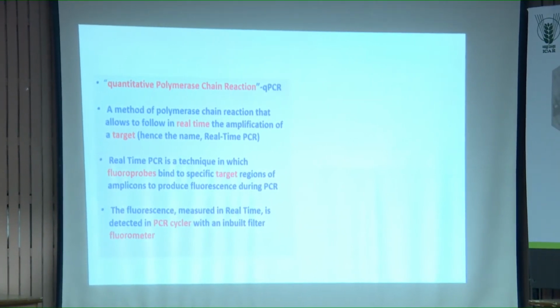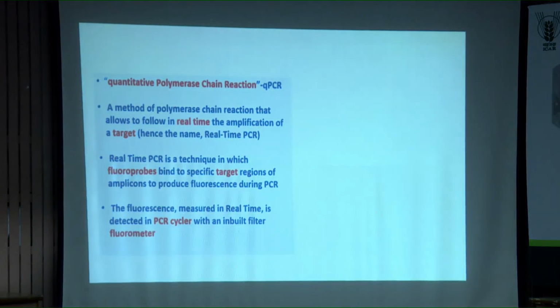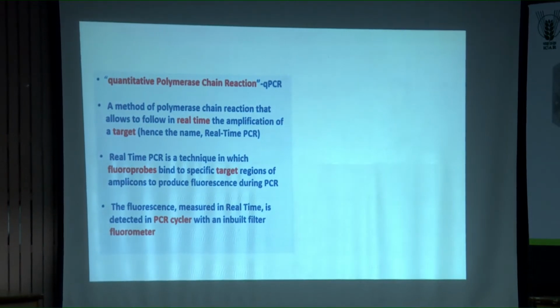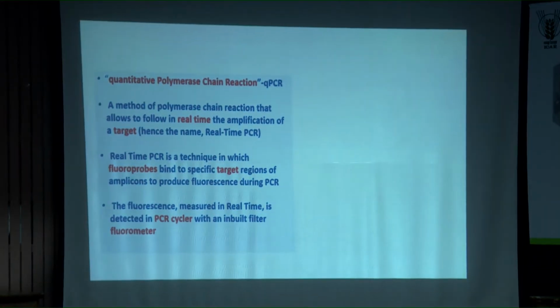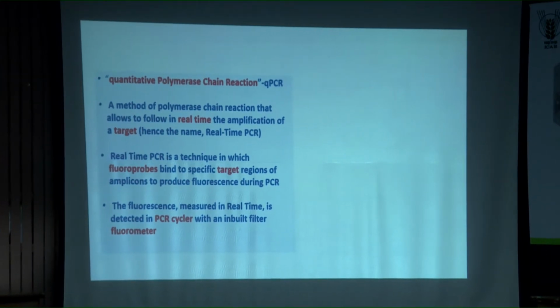Please pay attention to that. Fluoroprobes bind to a specific target region of the amplicon to produce fluorescence during PCR. It is nothing but the color is captured by the machine, right? The color is captured by the machine.